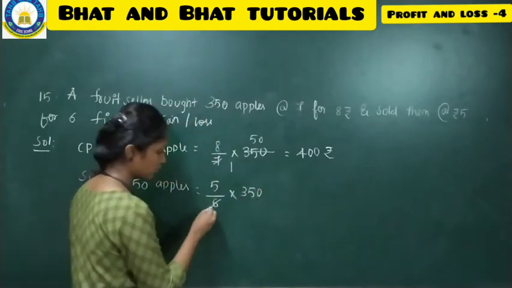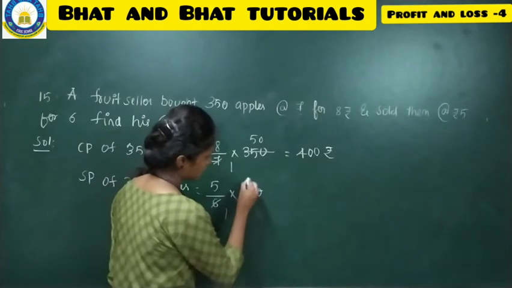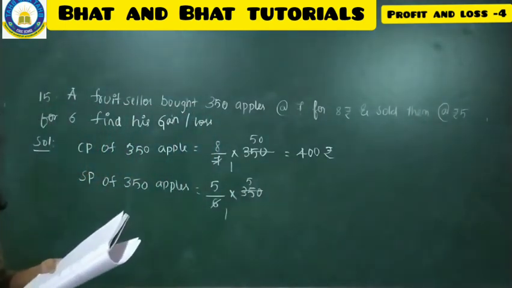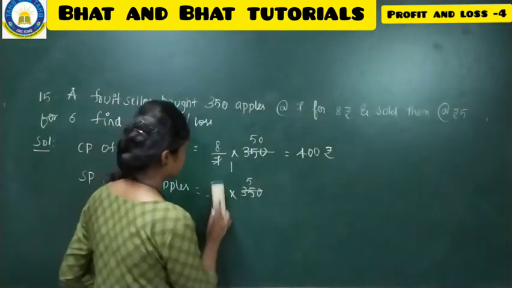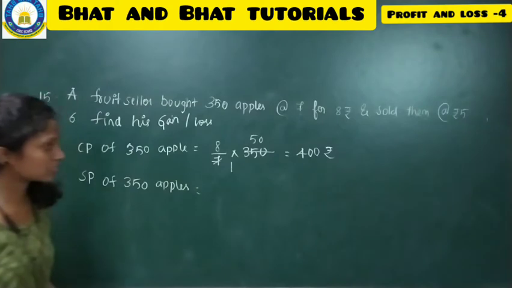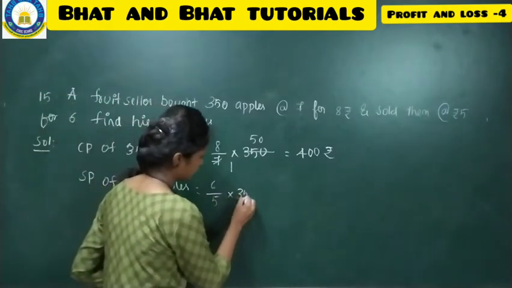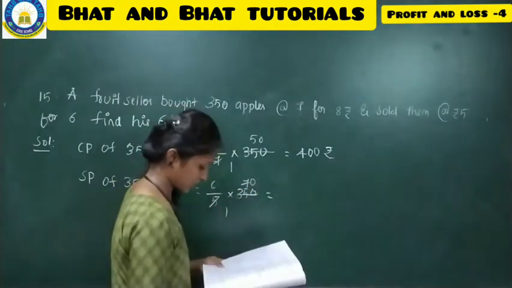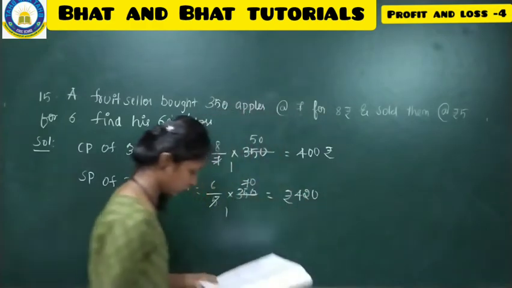So it is 6 by 5 into 350. 5 sevens are 35, so 6 sevens are 42, so it is 420 rupees.